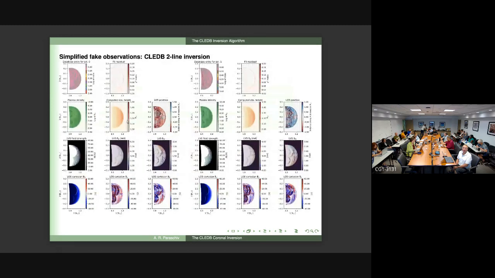Now, so what do you get? You get something like this. And the only thing that you should get from these slides is that there's a left and a right version. Similarly to what HMI does in the photosphere, a spectropolarimetric inversion won't give you the full magnetic field. It's still ambiguous, and it can be disambiguated along the azimuth like HMI does.